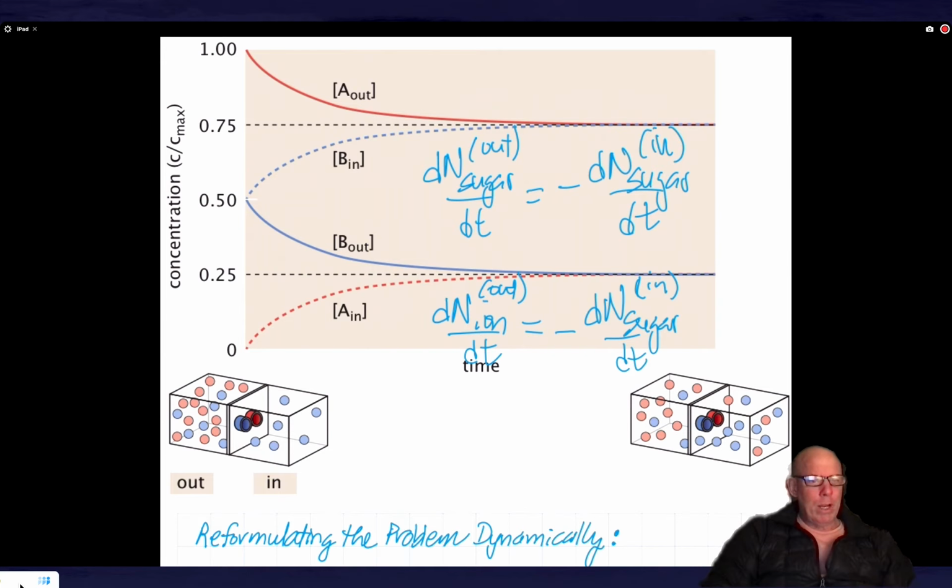But here's the point. As I told you earlier, the drive here is the delta mu of the proton motive force, if you like. But the sugar is worth 1,000 kTs. The proton motive force is worth 20.